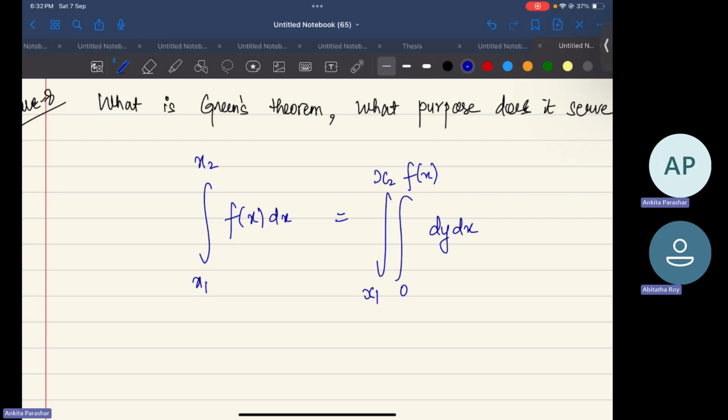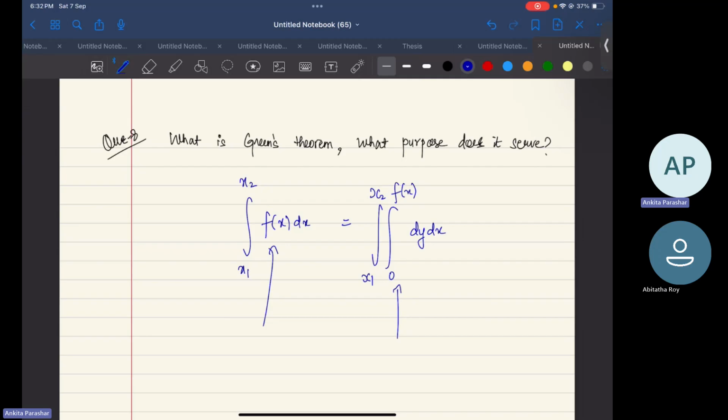This would mean I'm finding the integral of f over the curve from x1 to x2, but this would also mean it is the area under the curve f. It's a similar thing I want to ask here. Green's theorem is one kind of theorem which connects two things. If you remember correctly, you can tell something.